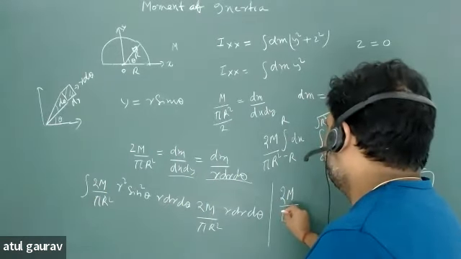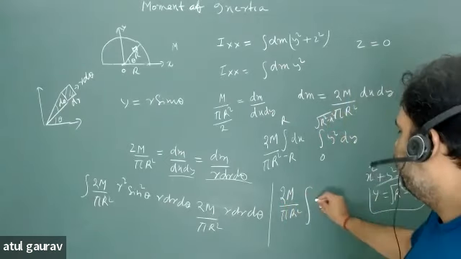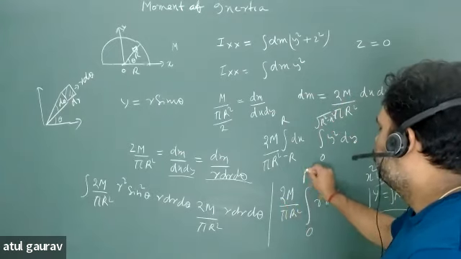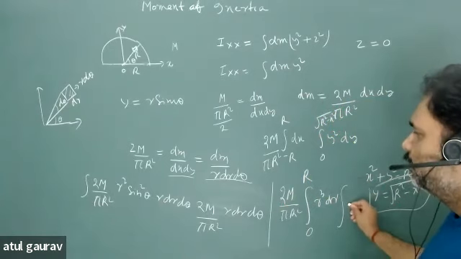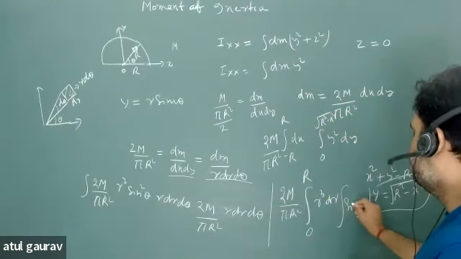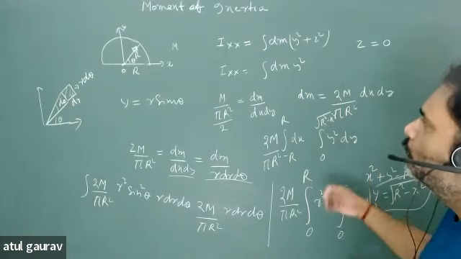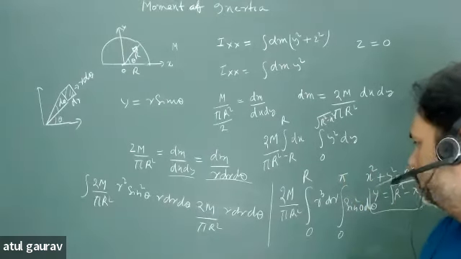2m upon pi r square is outside of integration, and what do I have? R cube dr, from where to where? 0 to capital R. And next we have sin square theta d theta, 0 to what is this value? 0 to pi, isn't it?